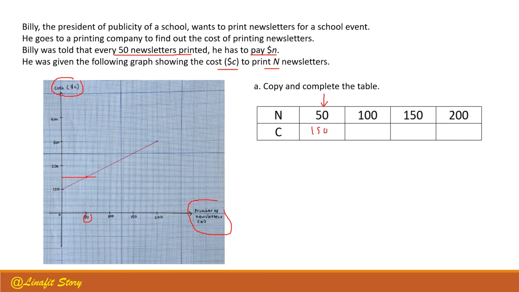When N is 100, C is $200. When N is 150, C is $250. When N is 200, C is $300.